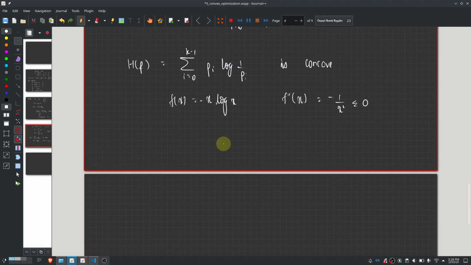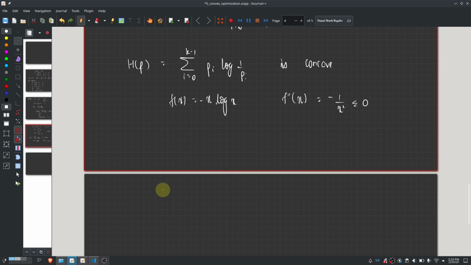Now I said that the distribution that maximizes the entropy is the uniform distribution. And here's a nice way of proving this. It uses just Jensen's inequality, which we've seen previously.